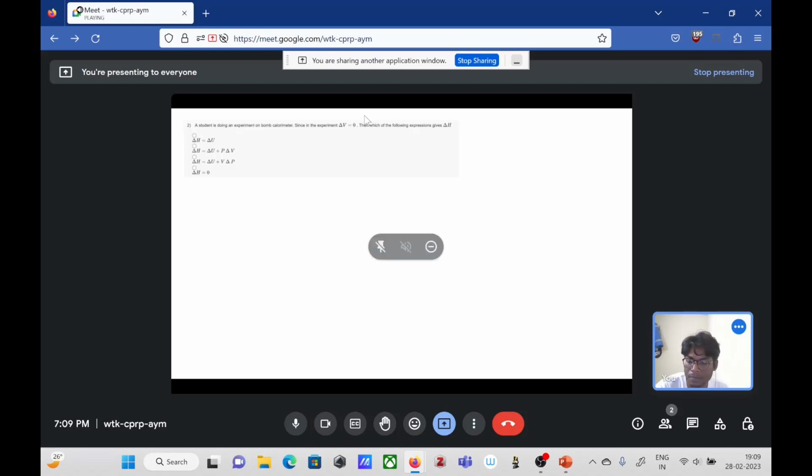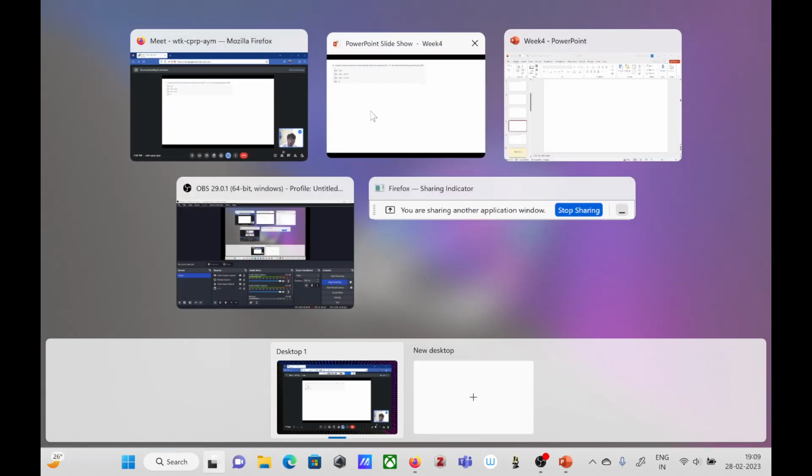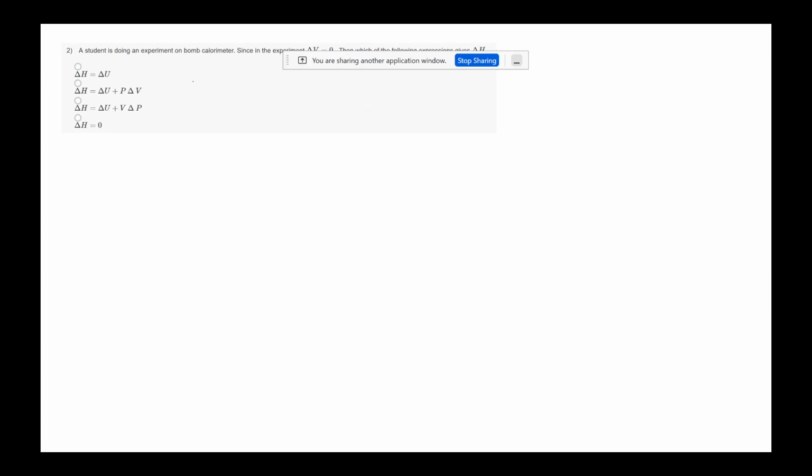So you know that H is equal to U plus PV. That makes delta H equal to delta U plus P delta V plus V delta P. Now they said that del V equal to 0, so this will be 0.